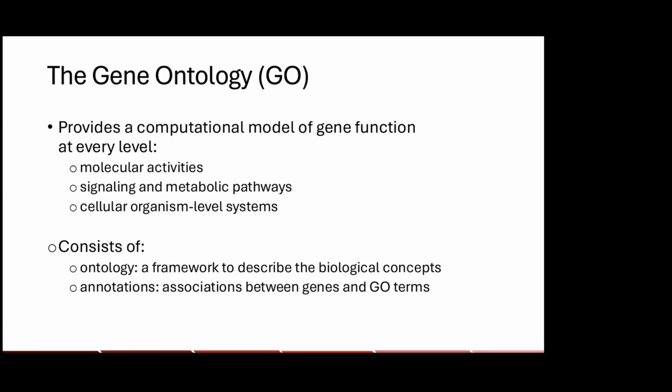So the gene ontology itself provides a computational model of gene function. Okay, so it's really focused on the function of gene products. So here I use gene as a shorthand for gene product. In GO, we have a very strict definition of function, and the genes themselves don't have functions, right?